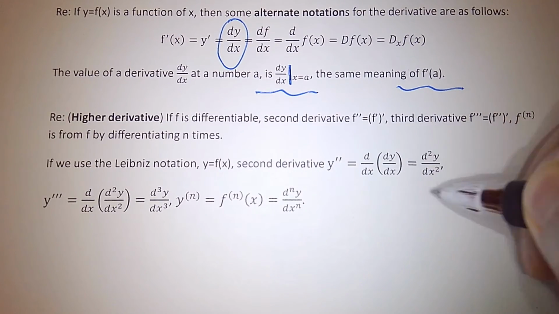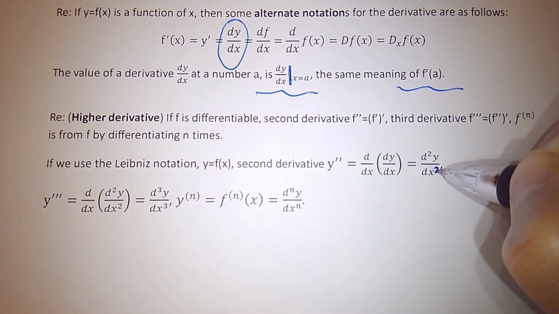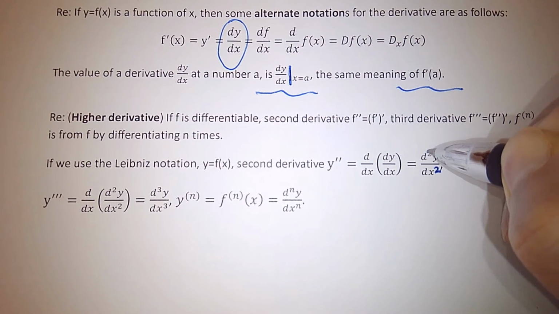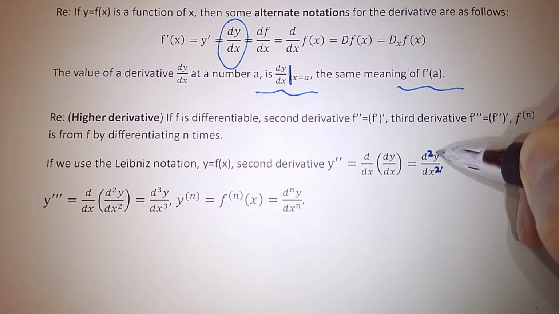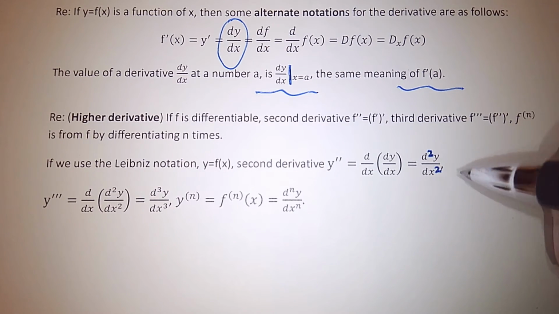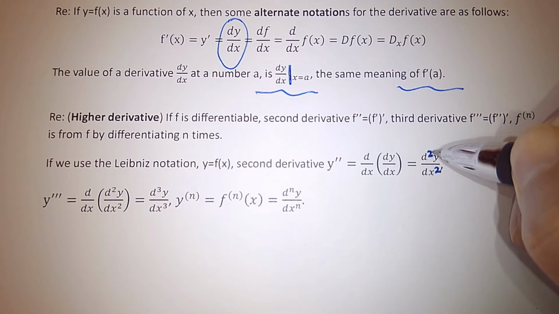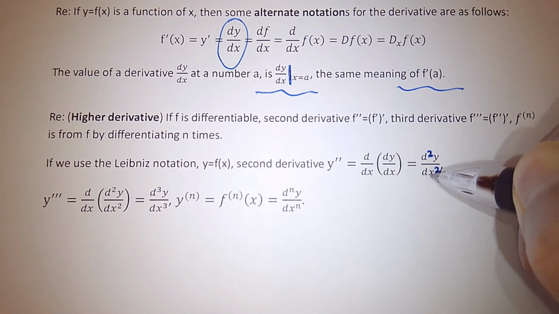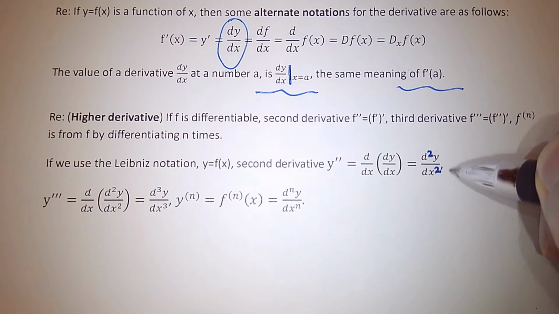So here pay attention to the notation. This means differentiating y with respect to x 2 times, but we put the 2 on the top right of d, between d and y, but here we write the 2 on the top right of x. So this is a difference.